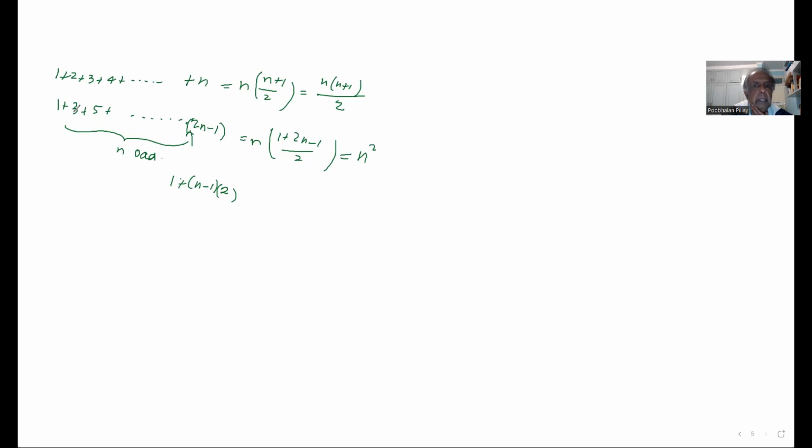It's a very useful fact. 1 plus 3 is 2 squared. 1 plus 3 plus 5 is 9, which is 3 squared. So it's equal to the number of numbers there altogether squared.